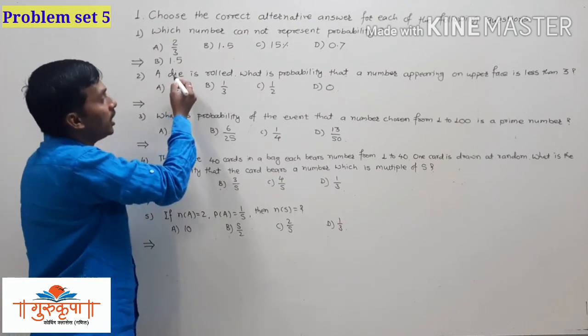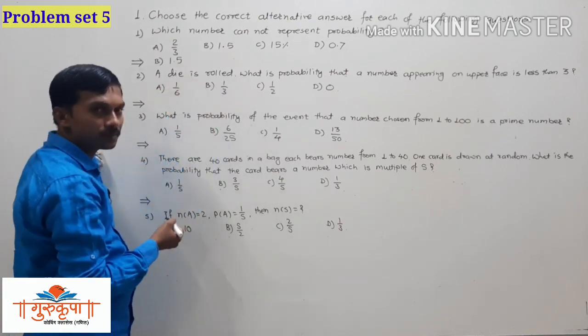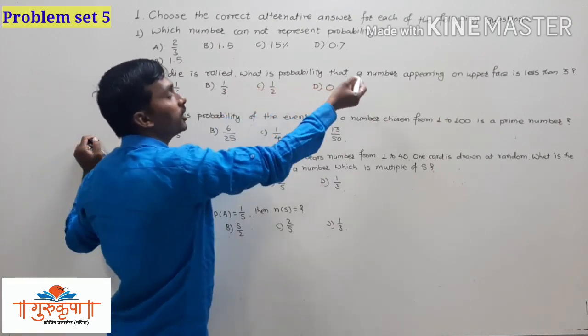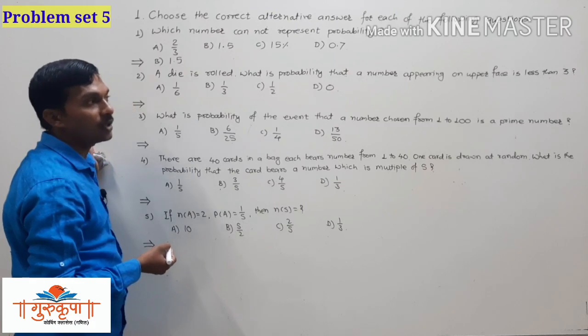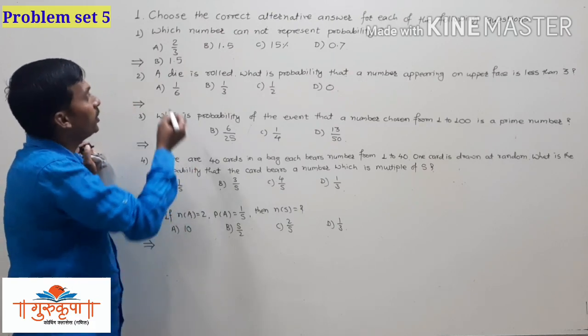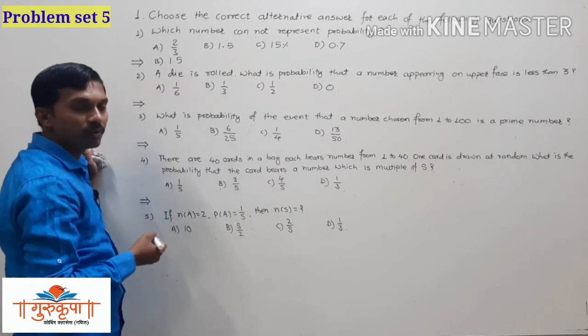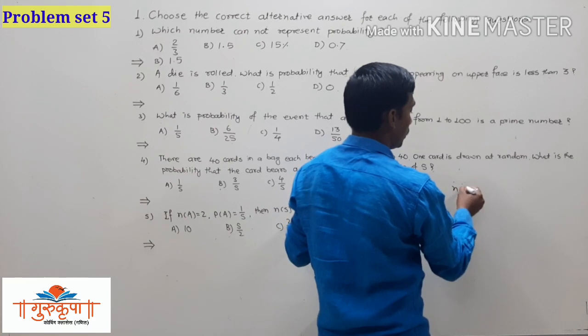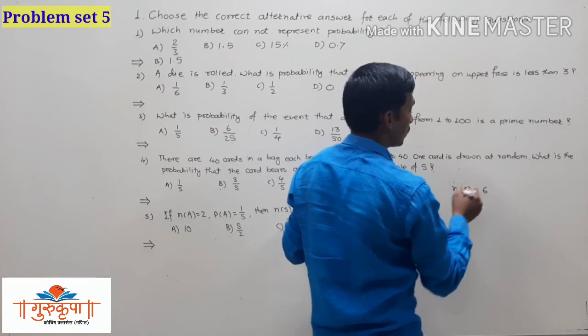Then, a die is rolled. What is the probability that the number appearing on the upper face is less than 3? We know that if a die is rolled, we have 6 possibilities in all. That is, number of S is equal to 6.